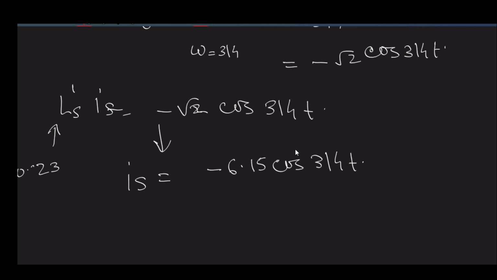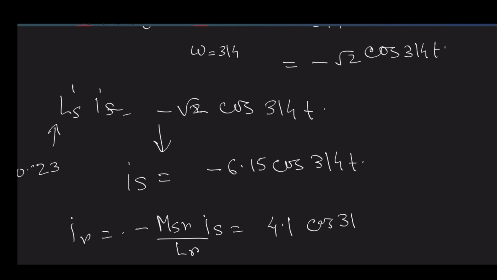Right, now IR is also related to IS. You can figure out that will be minus MSR by LR IS. So that will give you some 4.1 cos 314t.